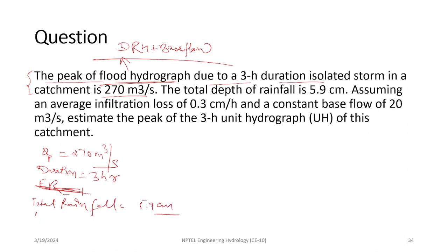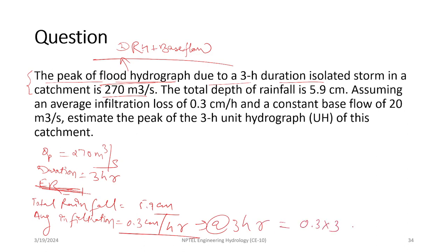Also the average infiltration rate is given, keep that in mind. Now tell me the effective rainfall. Compute it fast. 0.3 centimeter per hour is the infiltration rate, and the duration of rainfall is 3 hours. 0.3 into 3 is 0.9 centimeter.